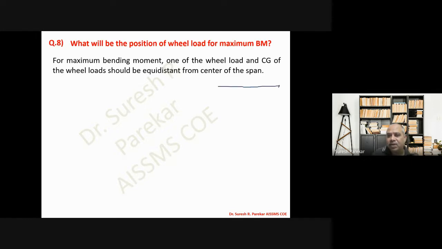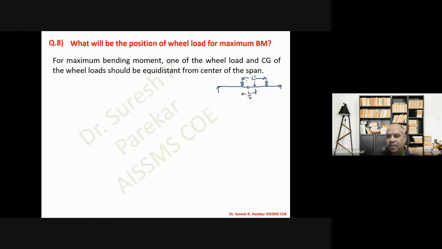Means if we draw this diagram, this is our center, and then we have to keep one of the wheels, and CG of the wheel load will be equidistant from the center of span. So if we have this as L, then our CG will be at L by 2.